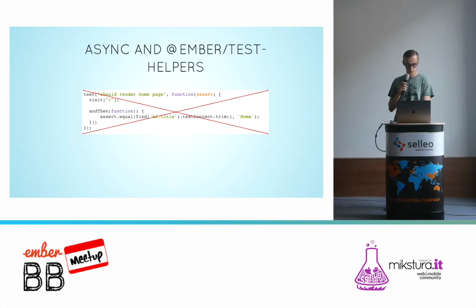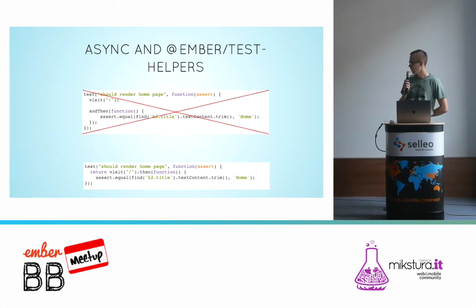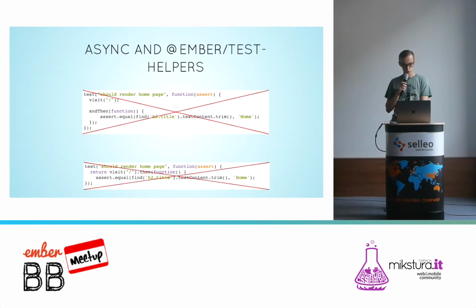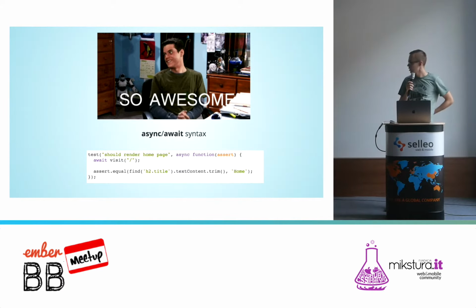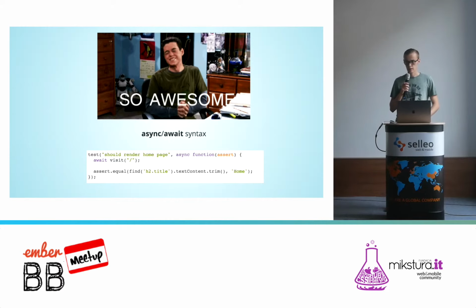So maybe we can use promises instead, and this makes it more obvious that we are dealing with asynchronous code, but it also makes it a little harder to read, and we don't need to use that either, because we have the awesome async await syntax, which looks like this, where we have the await keyword before the asynchronous helper from the Ember Test Helpers package, and the await keyword can be used only inside an async function, and the assertion will be executed after the await is finished.